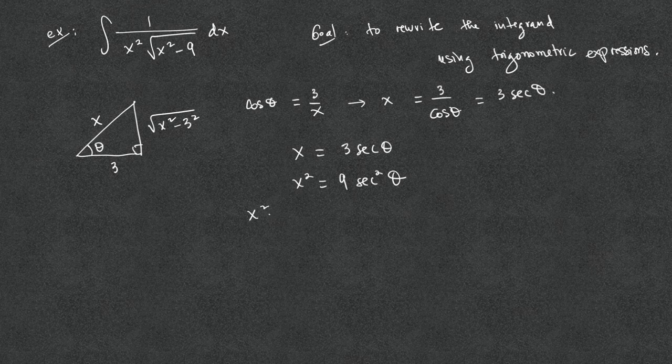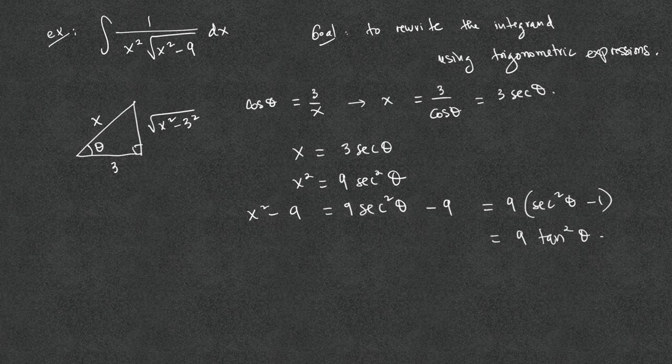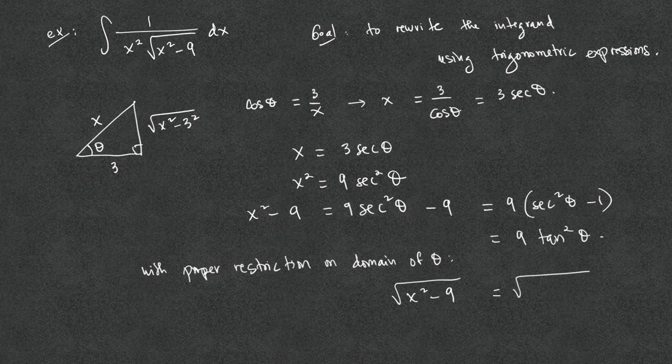The expression x squared minus 9 becomes 9 secant squared theta minus 9, and we simplify it to 9 times the quantity secant squared theta minus 1, but secant squared theta minus 1 is tangent squared theta. With the proper restriction on the domain of theta, the square root of x squared minus 9 is the square root of 9 tangent squared theta, or 3 tangent theta.